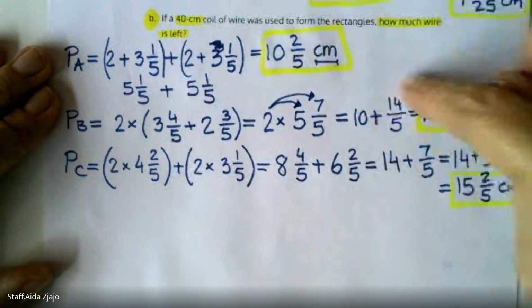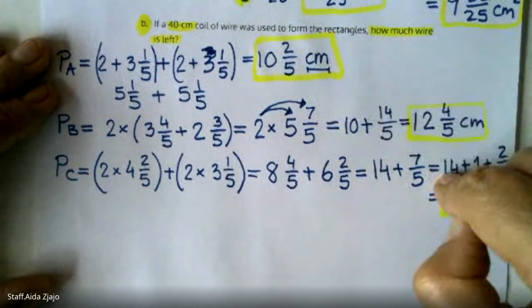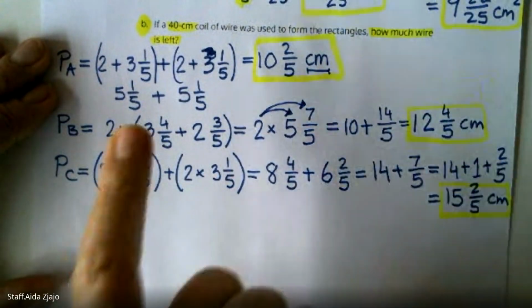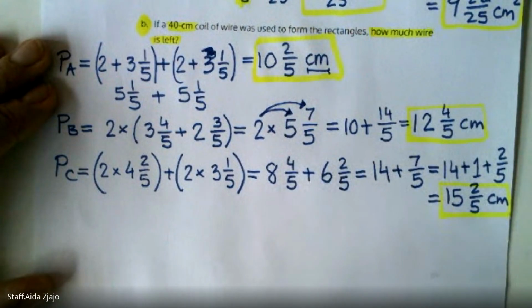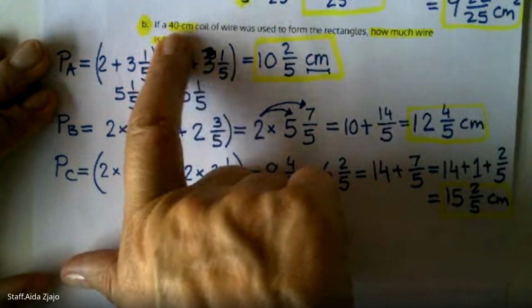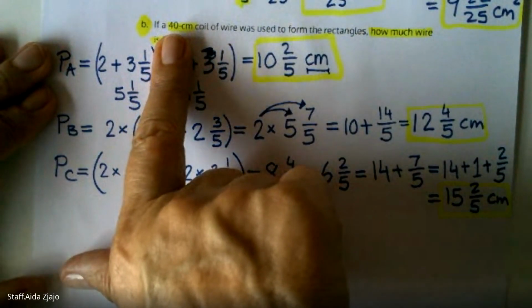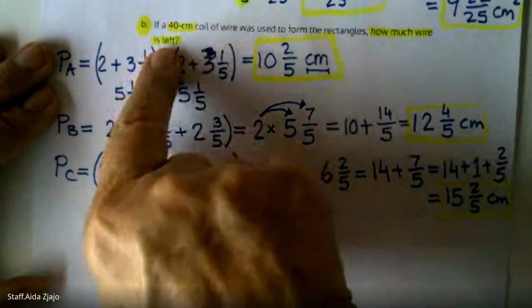So if I add all these, I will know how much was used to make these rectangles. And then if I subtract it from how much you had at the beginning, we will find what is left.